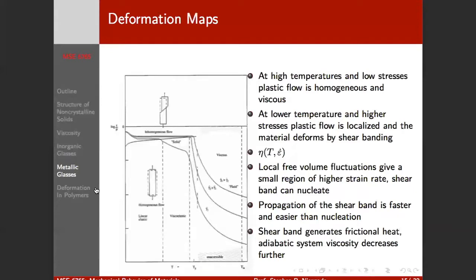And we trigger a little shear event, we have free volume fluctuations, and we trigger the shear event. Some regions are going to shear faster than others, right? Those regions are going to be less viscous, which means for the same stress, they're going to shear more.